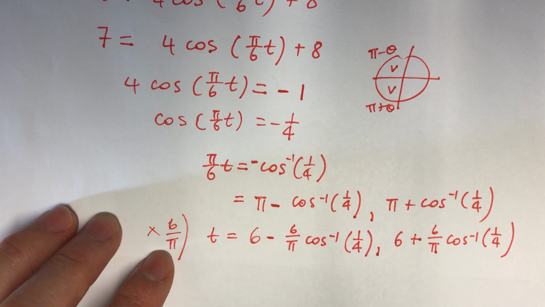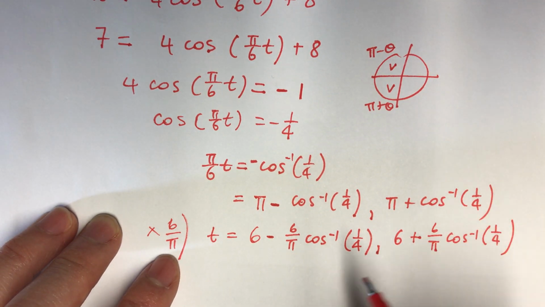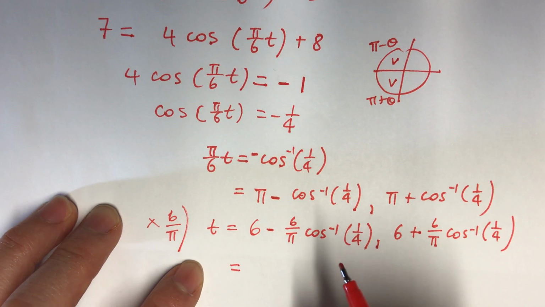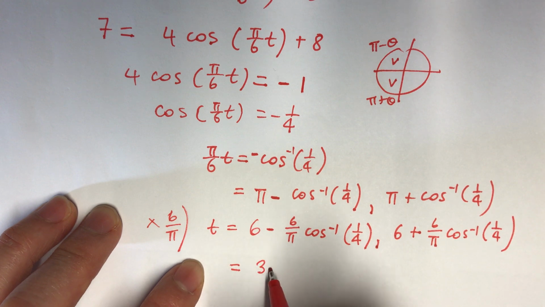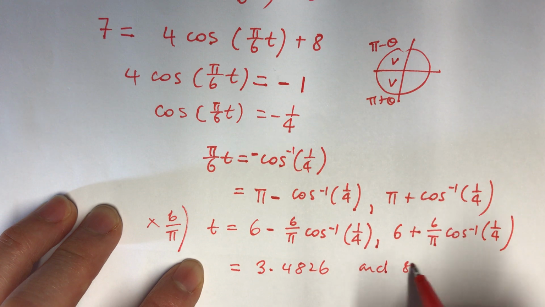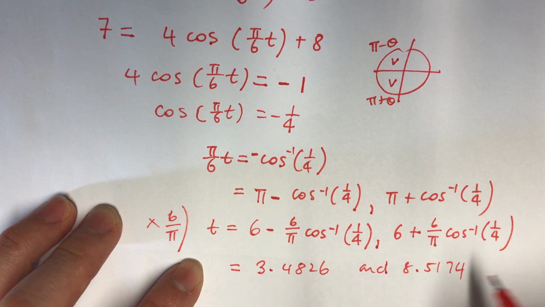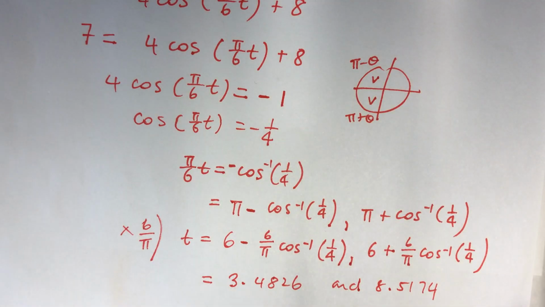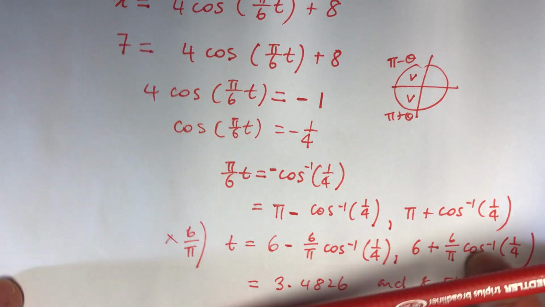Okay, so hopefully you understood what I've done. If you use a calculator in radians mode, you get 3.4826 and 8.5174.